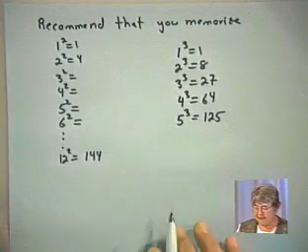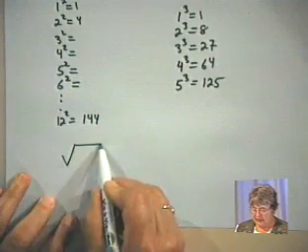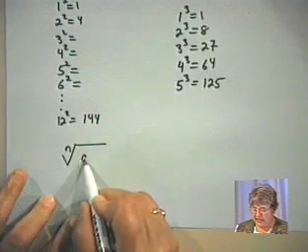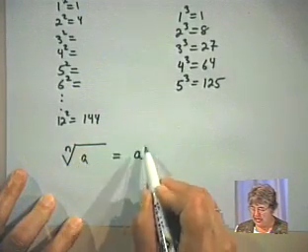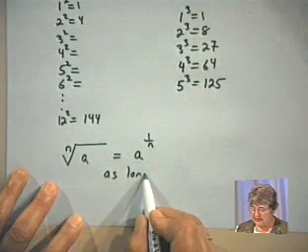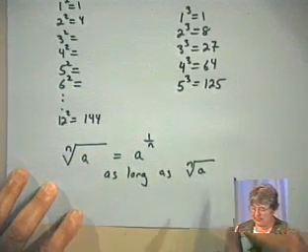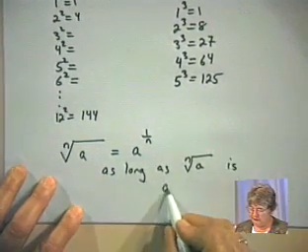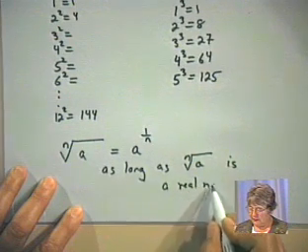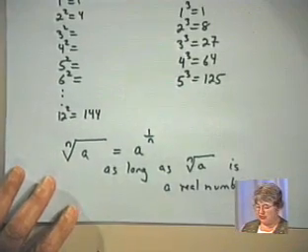So basically, the thing to remember with this lesson is that if you have the nth root of a, you can convert that to a to the 1 over n, as long as the nth root of a is a real number. It's important to keep that in mind. And once we convert to exponents, then we can use the properties of exponents.